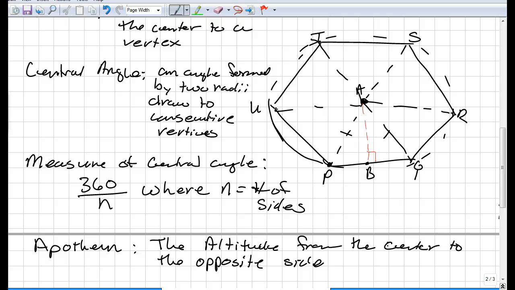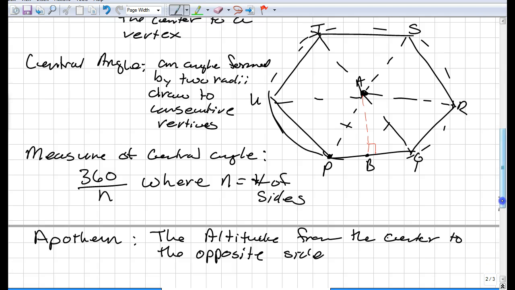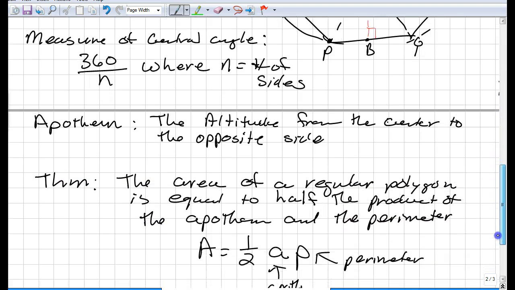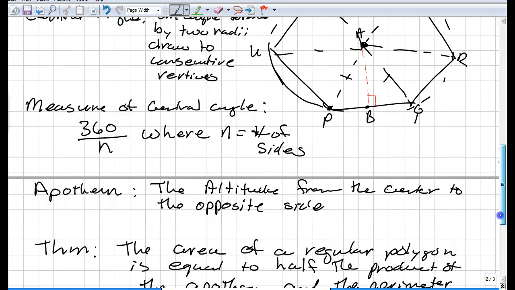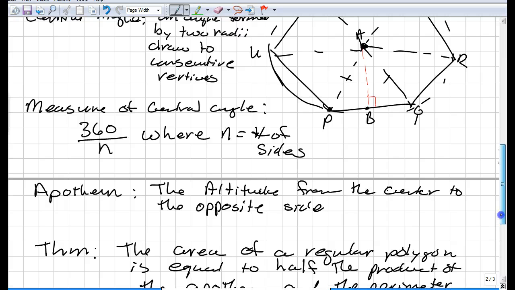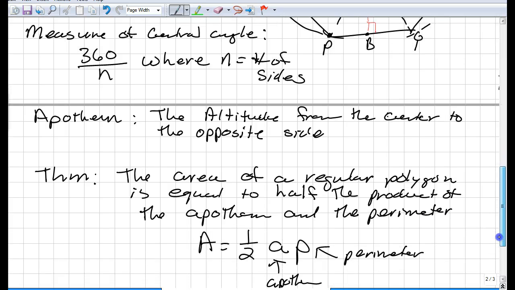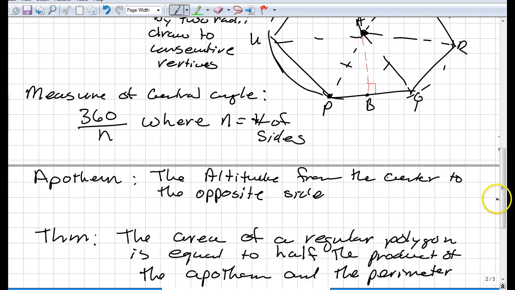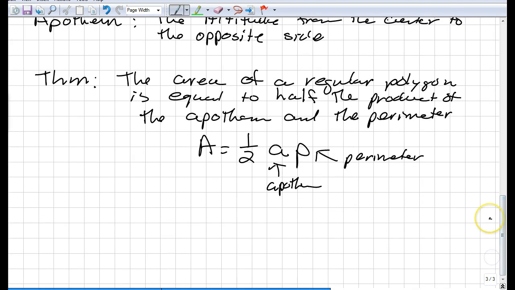So notice that there are 6 triangles, and remember that the area of a triangle is 1/2 base times height. Okay, so the apothem is the height of the triangle, and the perimeter just adds up all the bases. So that's all we are really doing. Okay, so, example.